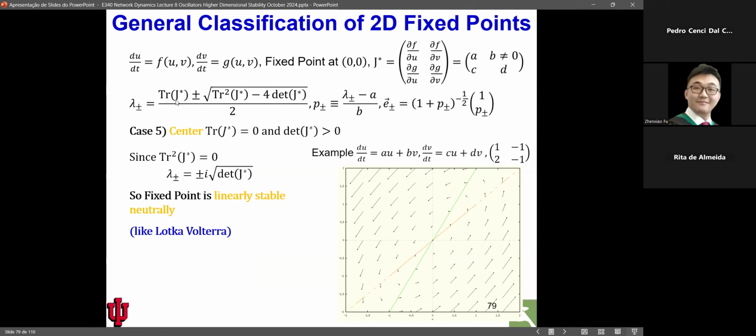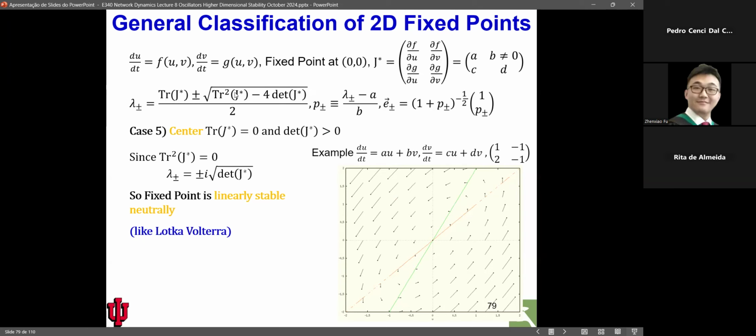Now you have the trace equal to 0. If the trace is equal to 0 and the determinant is larger than 0, okay, this is okay.